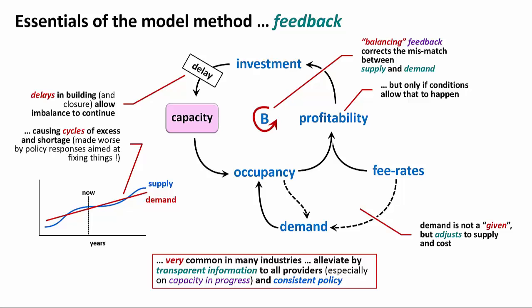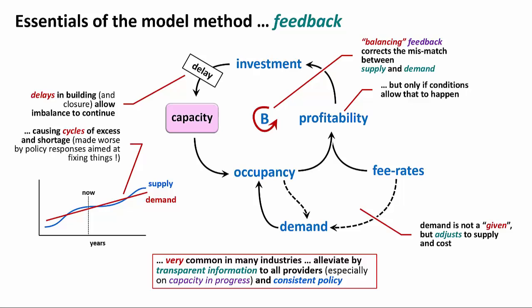Now, this is very common in many industries, and the way that you typically alleviate this cyclicality is by making available transparent information to all providers. So if a provider is looking to open a new home in a county where they think there is a shortage, if they are already aware of the fact that 4 or 5 other homes are already in the process of being built, then they'll think twice about adding another home to make the oversupply worse.